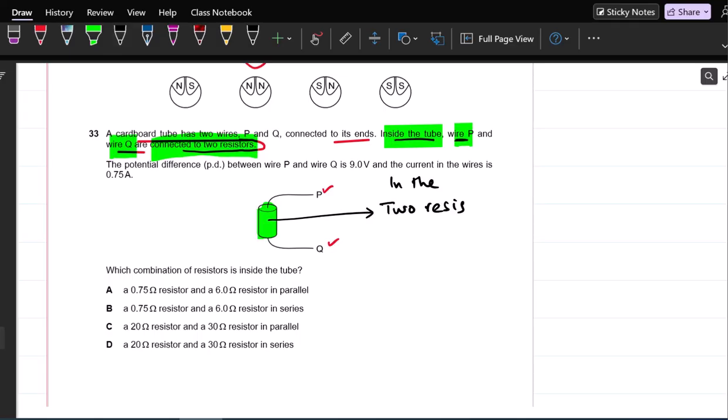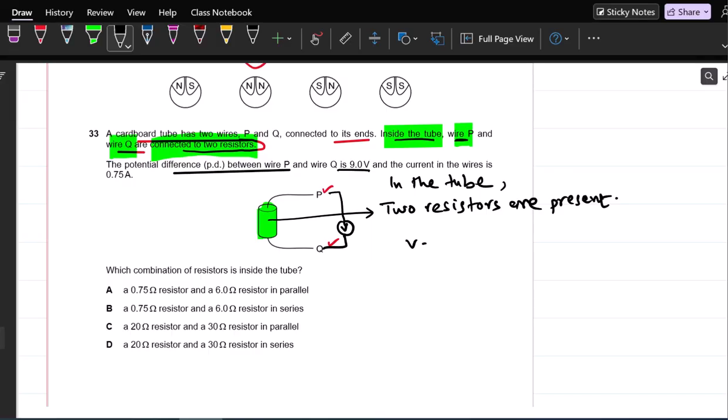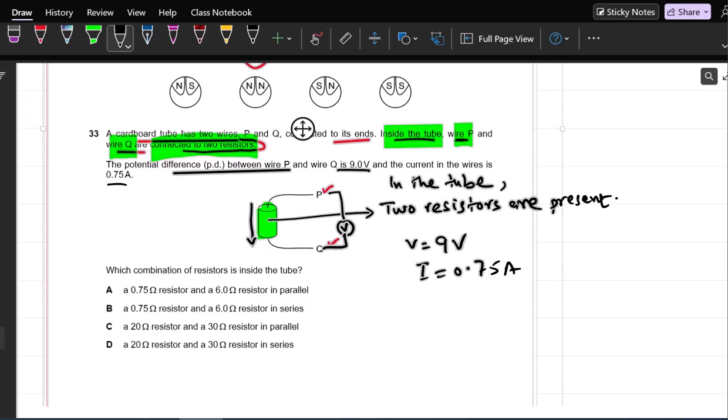The potential difference between P and Q is 9 volt. So the voltage which you are getting, if you connect the voltmeter, is 9 volt. And the current in the wire is going to be 0.75 ampere. So these two quantities are given.